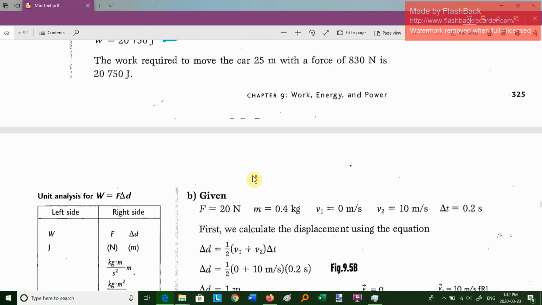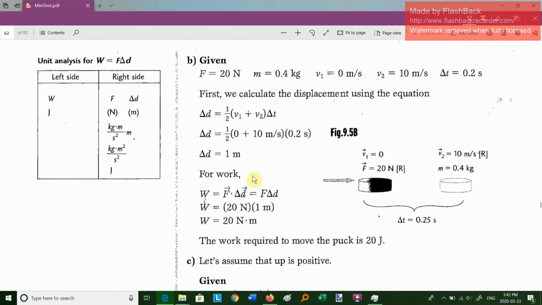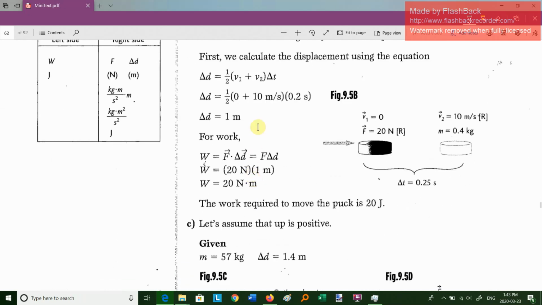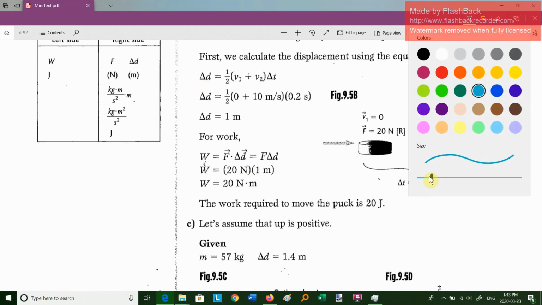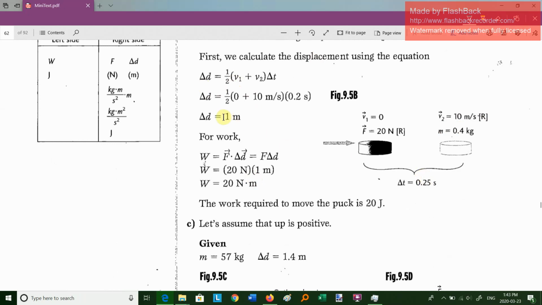So let me scroll to part B here, and I see that delta D is average velocity times delta T. I'm going to make my ballpoint pen size smaller here. There you go. Circle it there.